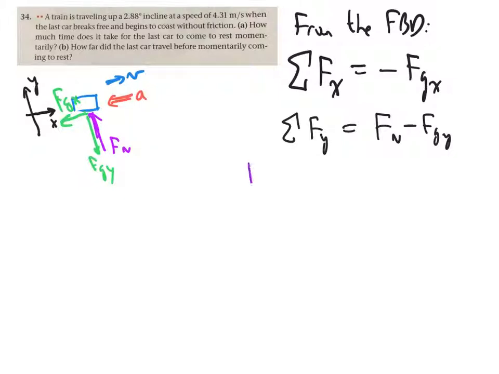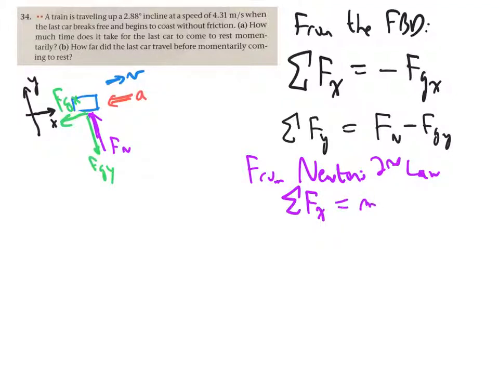Then I say, well, but from Newton's second, which is a different statement now, I know that the sum of the forces in the x has to be the mass times the acceleration in the x. And likewise, the sum of the forces in the y has to be the mass times the acceleration in the y.